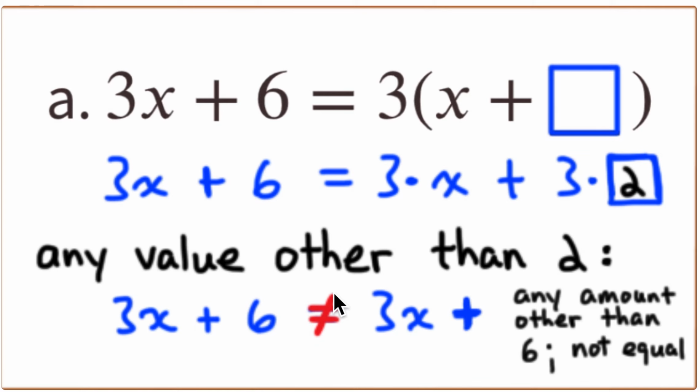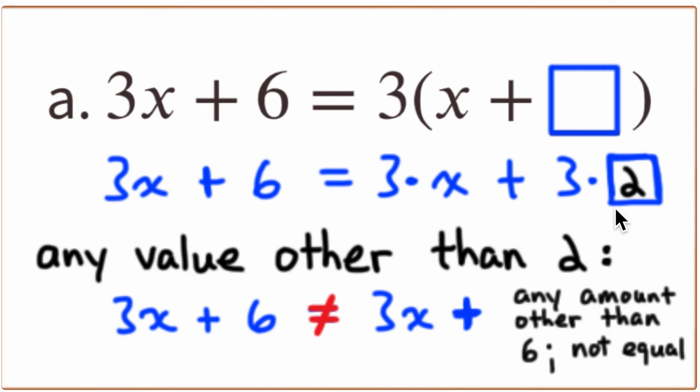Now, what if you put a value in here for the unknown that makes these two sides unequal or not equal to each other? So then there would be no values of x that will make this equation true. So let's go through and look at this again. To make it true, we put a 2 here. So this is 2 times 3 is 6, and this is 6 over here.